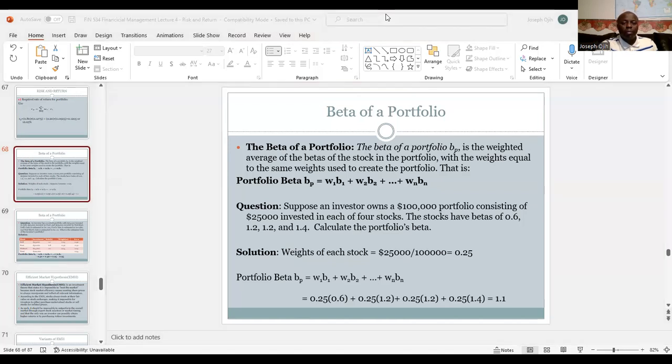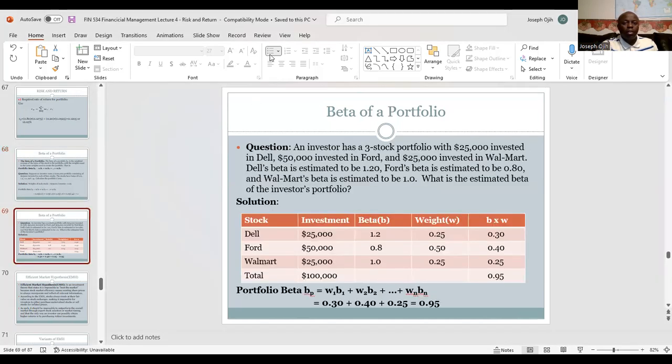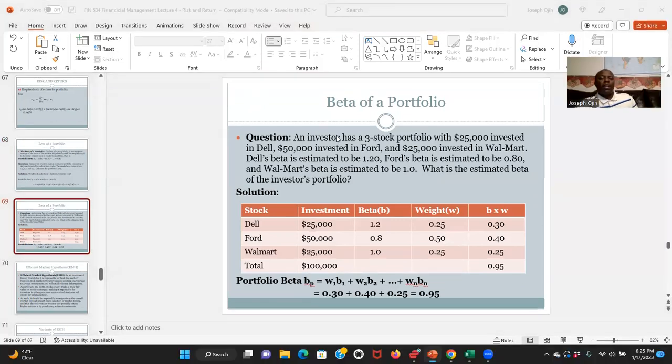Now, this is one example. Let's look at another example, which is this one here. It says an investor has a 3 stock portfolio with $25,000 invested in Dell, $50,000 invested in Ford, and $25,000 invested in Walmart.